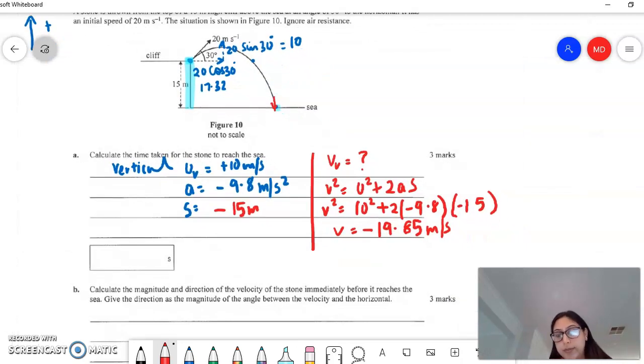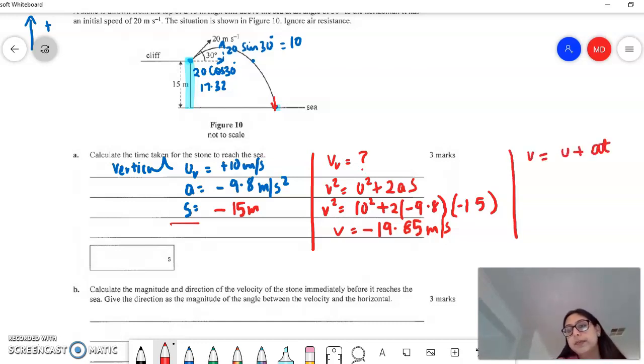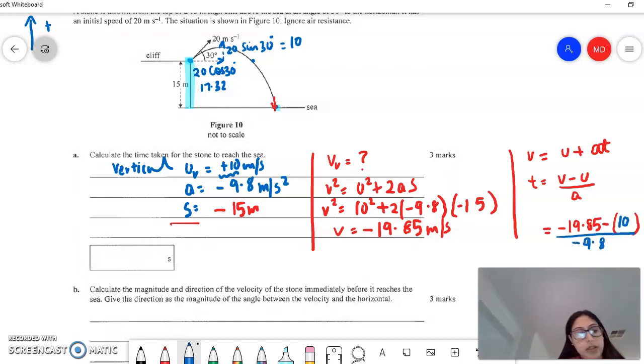Remember, we found velocity because finding time using s equals ut plus half at squared gave a quadratic and we don't need that. Now that we have v, I'm going to use t equals v minus u over a. The final vertical speed is negative 19.85 minus u, where u is 10 and acceleration is negative 9.8. Using that, I'll get time equals 3 seconds. And that is our answer.